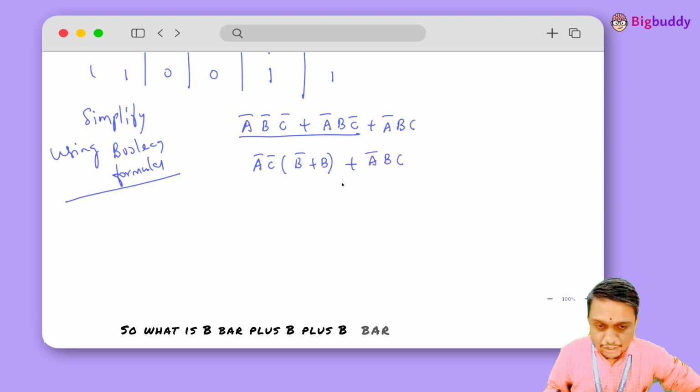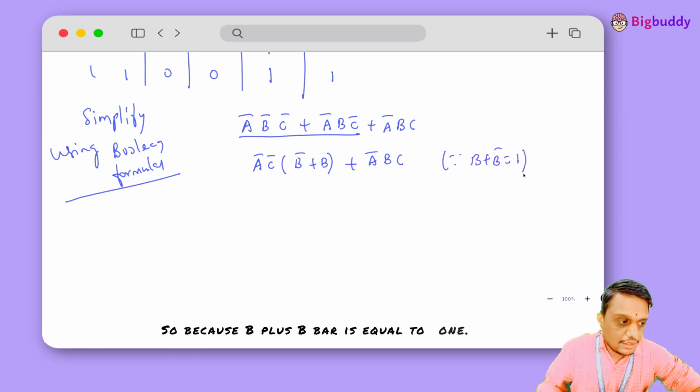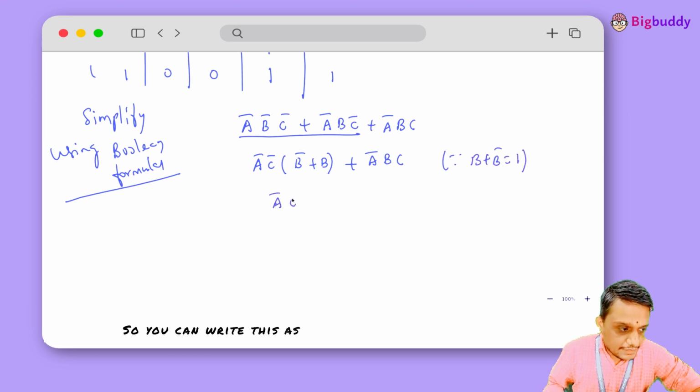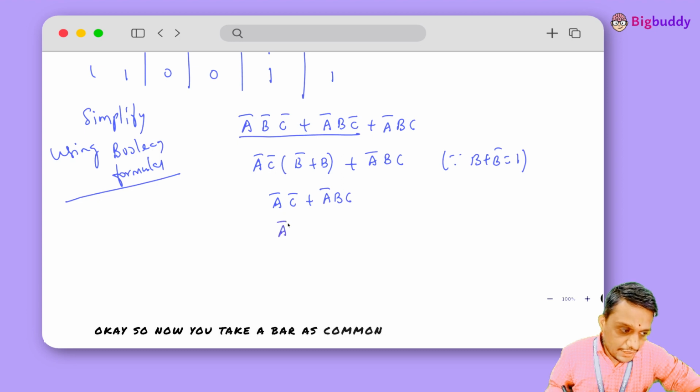B plus B bar is equal to 1. Because of that, you can write this as A bar C bar plus A bar B C. Now you take A bar as common here: C bar plus B C.